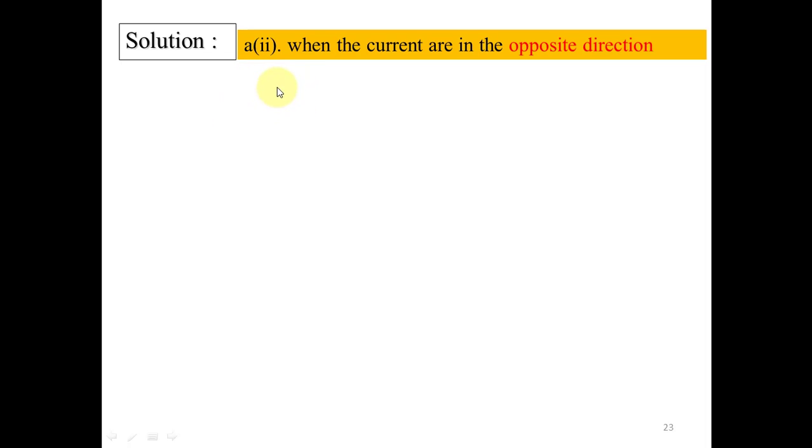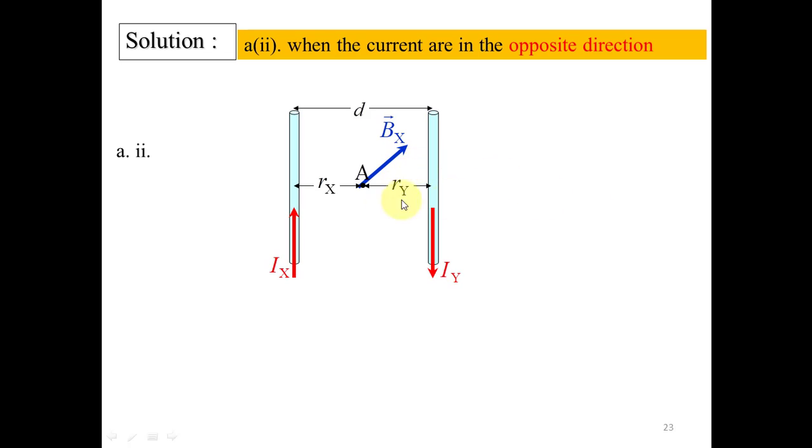For question 2, when the currents are in the opposite direction, we redraw the diagram and this time we put that current in the opposite direction. So we can get that both magnetic fields will be in the same direction, either into the page or upward.